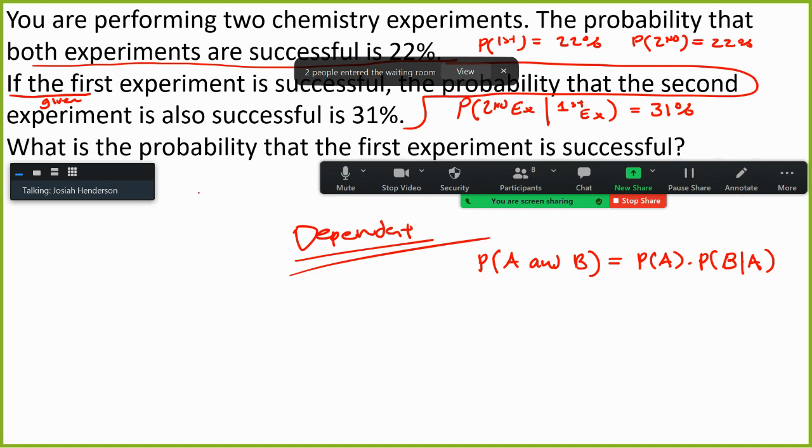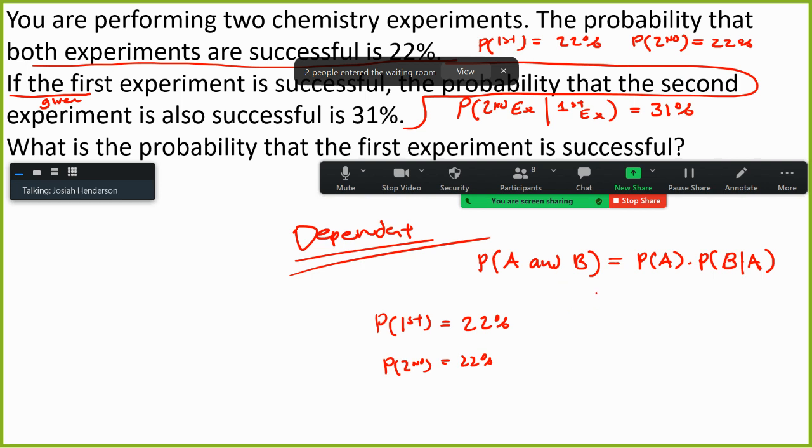Okay, so let's answer 2 questions quick. So probability of just the first experiment, well, they're telling us that at the beginning. The probability that both are successful is 22. And the second, on its own, is 22.